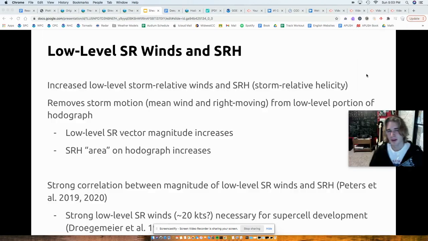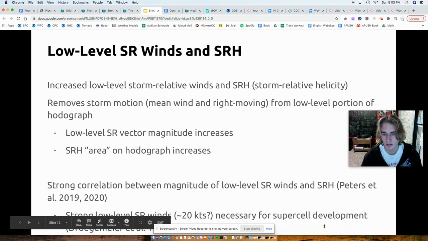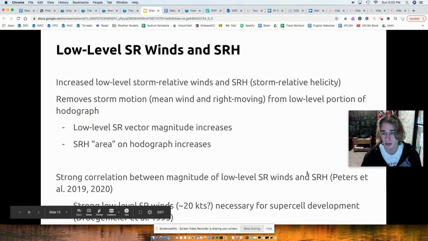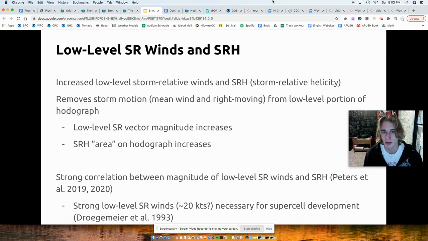All right, so this next slide here is basically just to recap a lot of what I was talking about in that hodograph comparison, and I did focus a lot on the low levels because this is one of the things I didn't really put together before I really thought about it.